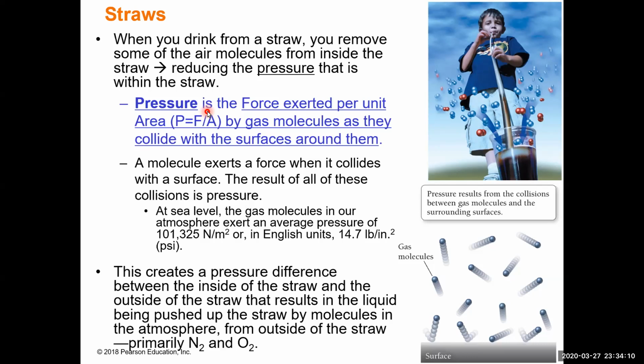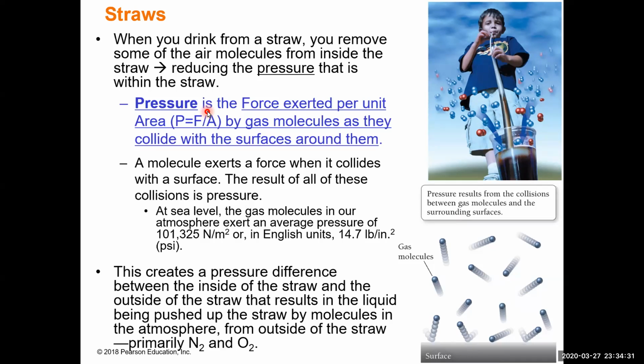Now, as we're removing some of these air particles from within the straw, we said that we're reducing the pressure within the straw, because we have fewer air particles colliding with the surface of our straw.